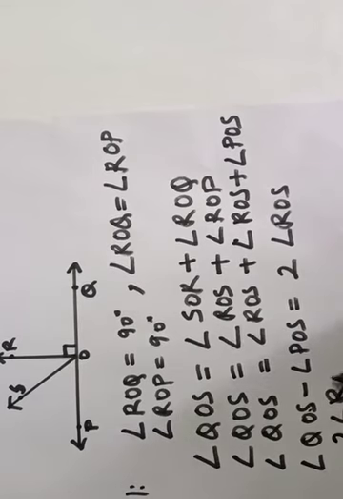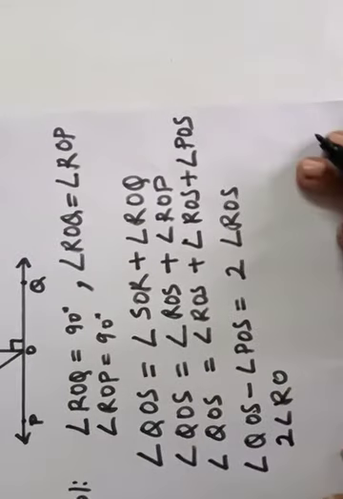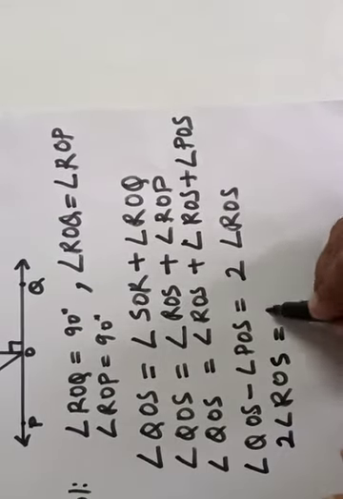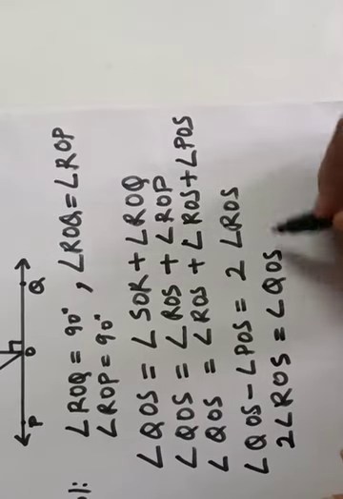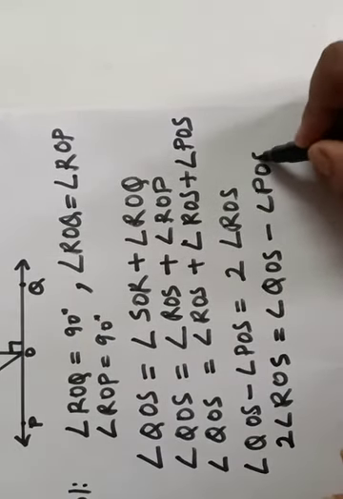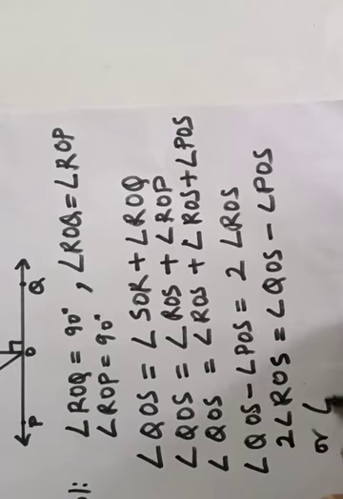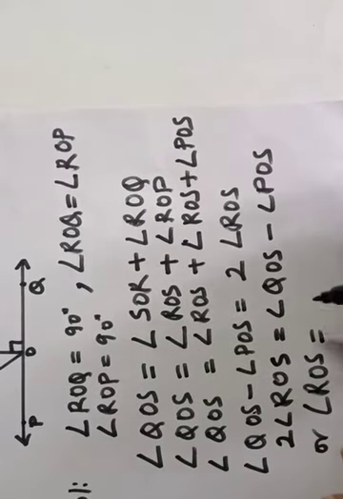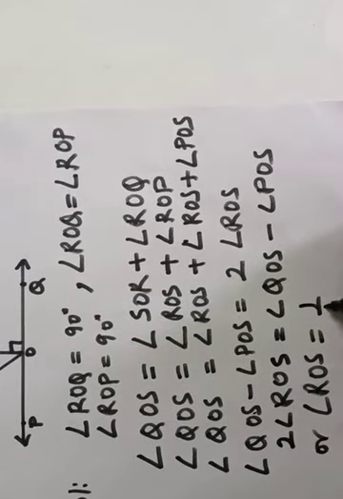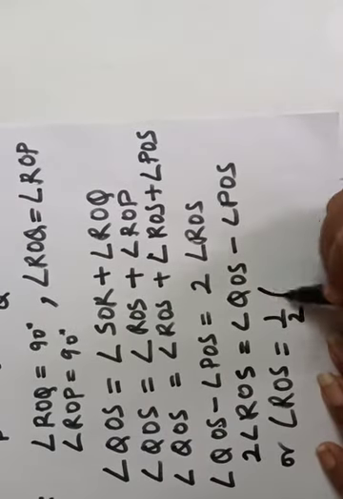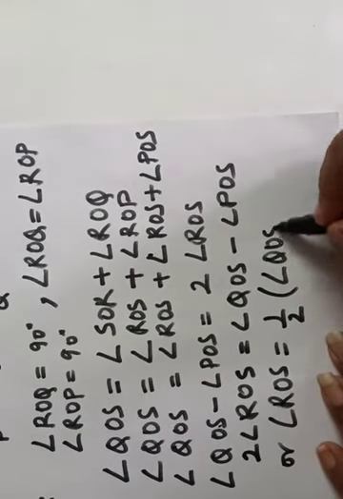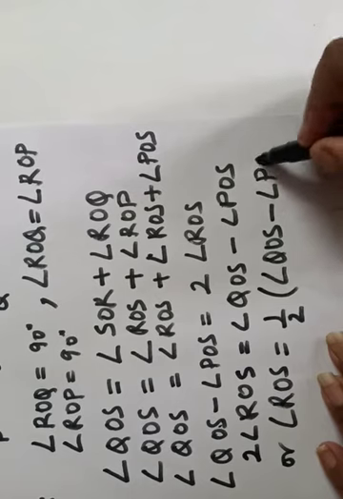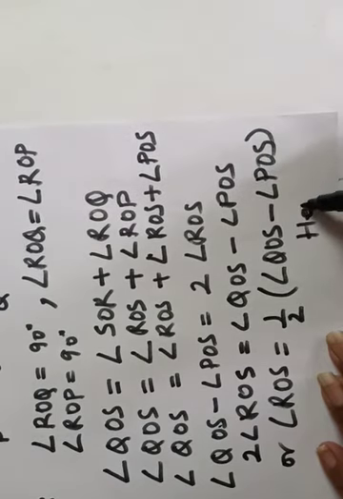Twice of angle ROS is equal to angle QOS minus angle POS, or angle ROS is equal to half of (angle QOS minus angle POS). Hence proved.